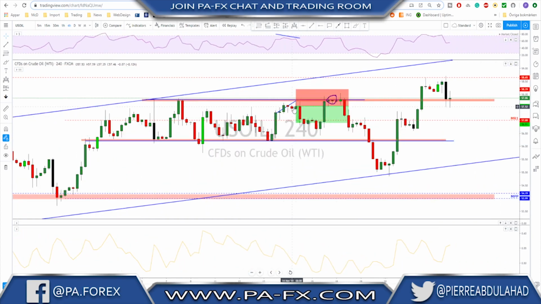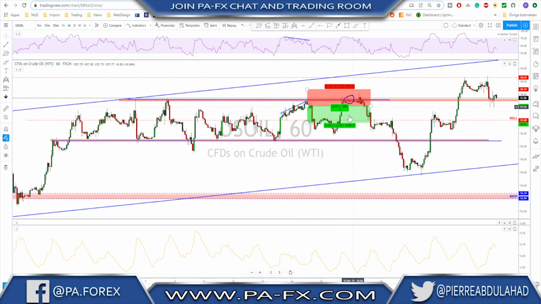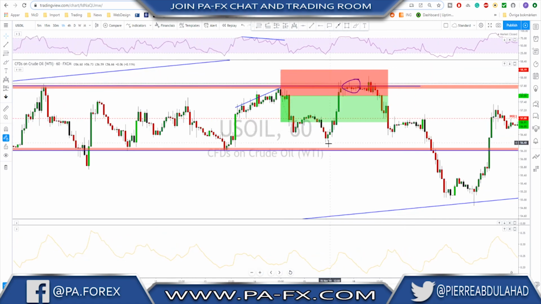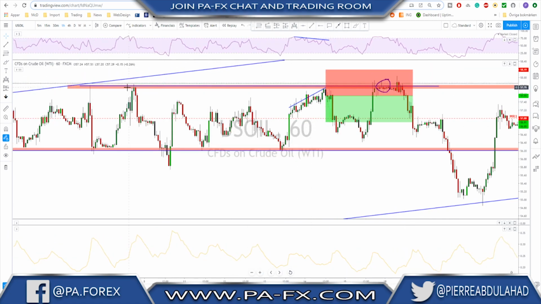So the entry was on the 1-hour time frame, it was here, so we move to the 4-hour time frame, and I will check what the ATR is on that 4-hour time frame. So the ATR down here was at 0.50, so that means I will go with 0.50 above the previous structure high, and that is the previous structure high I'm talking about.